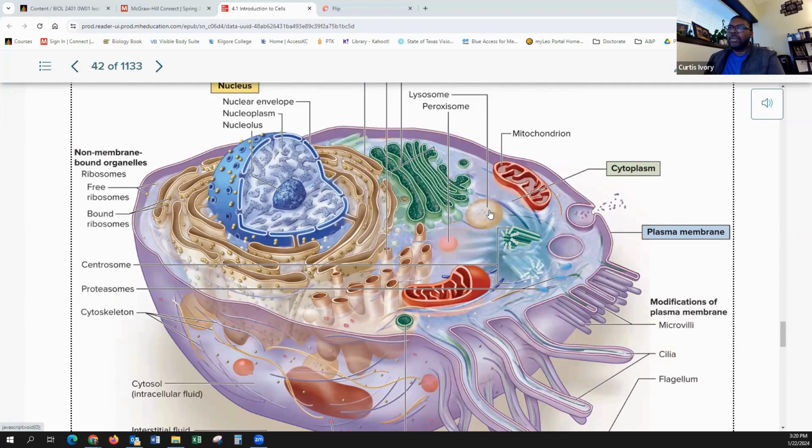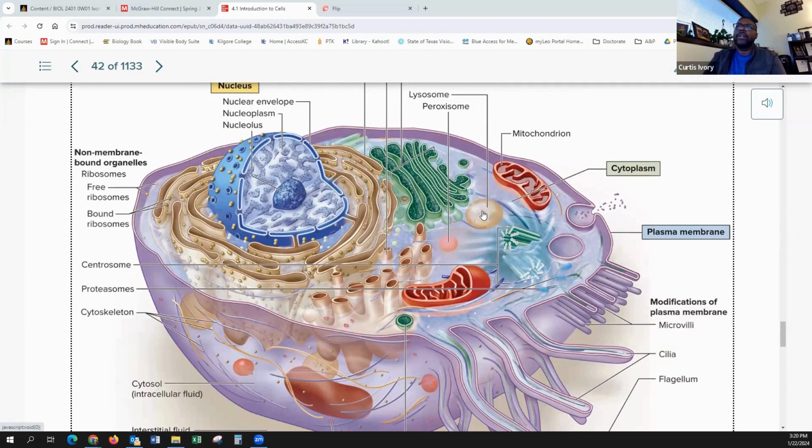These large components here are referred to as lysosomes, which are responsible for breaking down materials. Lysosomes are also called the garbage disposals of the cell.